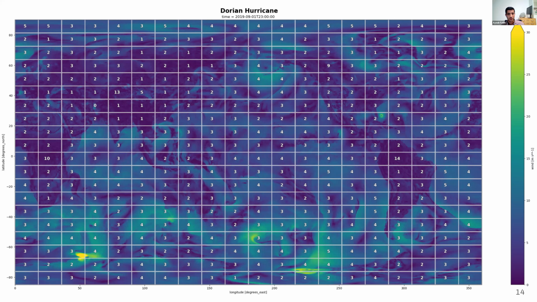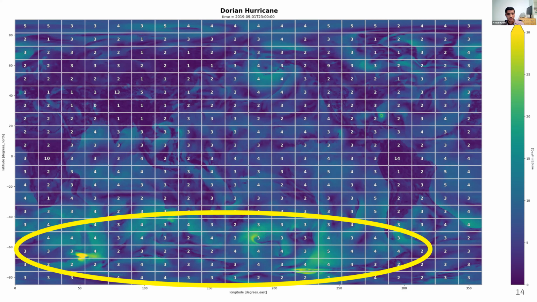We explored in this case the wind speed variable, and as we can see, we have some strong winds in the southern oceans, and one chunk with the Dorian hurricane as shown here. Even with this extreme event, we did not observe any significant differences in the variance of key bits value for the chunk where the hurricane had occurred.